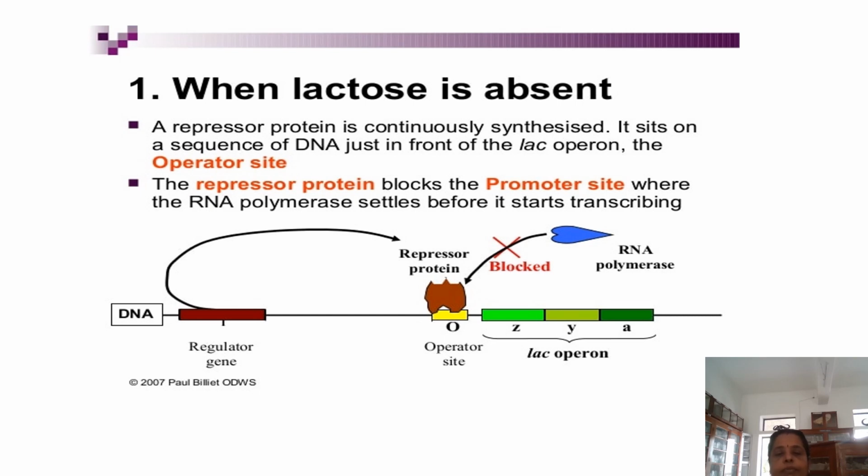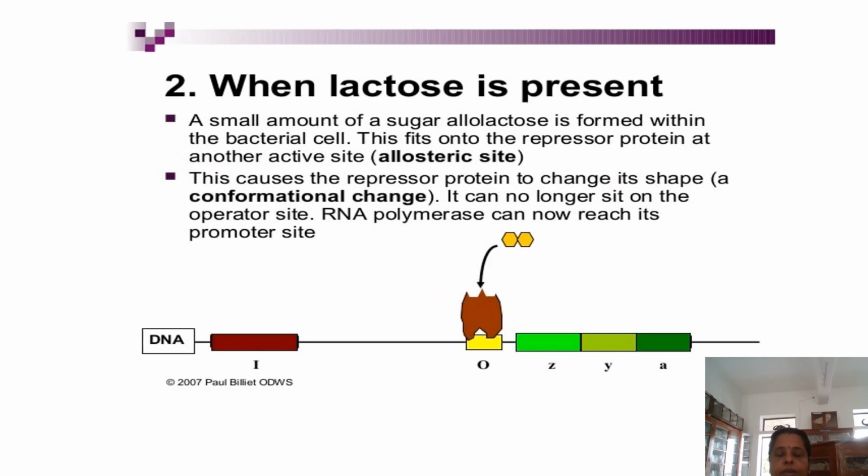The repressor protein blocks the promoter site where the RNA polymerase settles before it starts transcribing. So the diagram clearly reveals that the repressor protein binds to the operator and thereby it represses the promoter site where transcription is initiated by RNA polymerase.